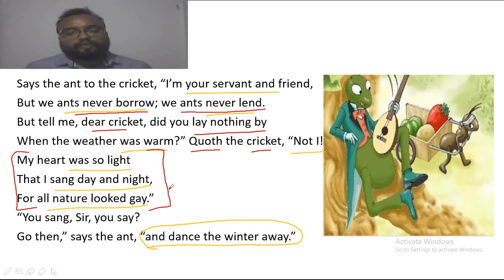I enjoyed the beauty of nature. Everything looked gay to me. It means happy to me. Everything was quite fine out there in nature, and I enjoyed day and night. I sang day and night and enjoyed it to the best. And therefore, I never thought about this type of situation.